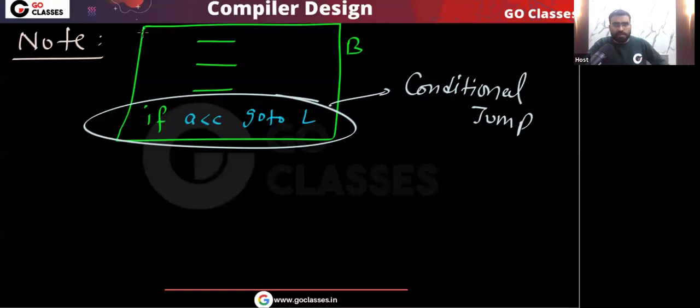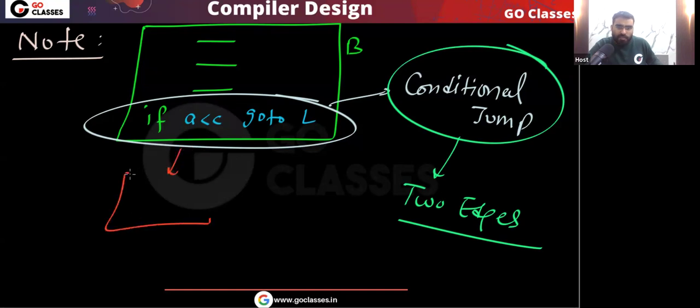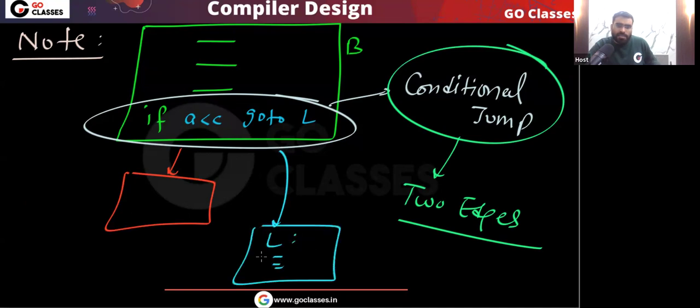Because of a conditional jump, there will be two edges. One edge will be just to the next basic block, and another edge will be to the basic block containing L.